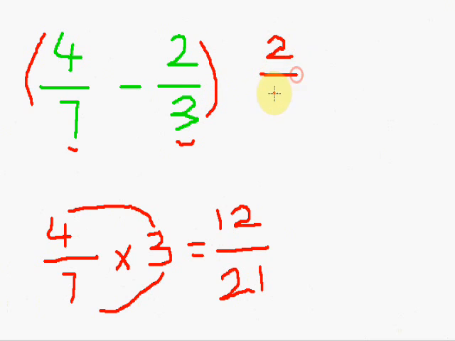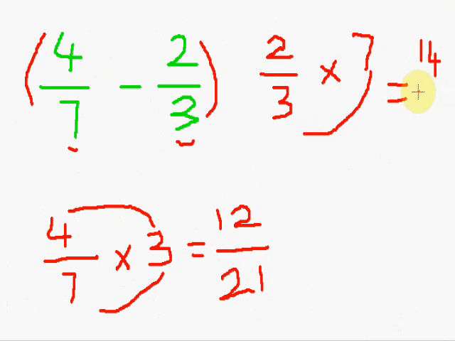We're going to multiply it by 7. We know that 2 sevens are 14, and 3 sevens are 21. So we have 14 over 21 and 12 over 21.